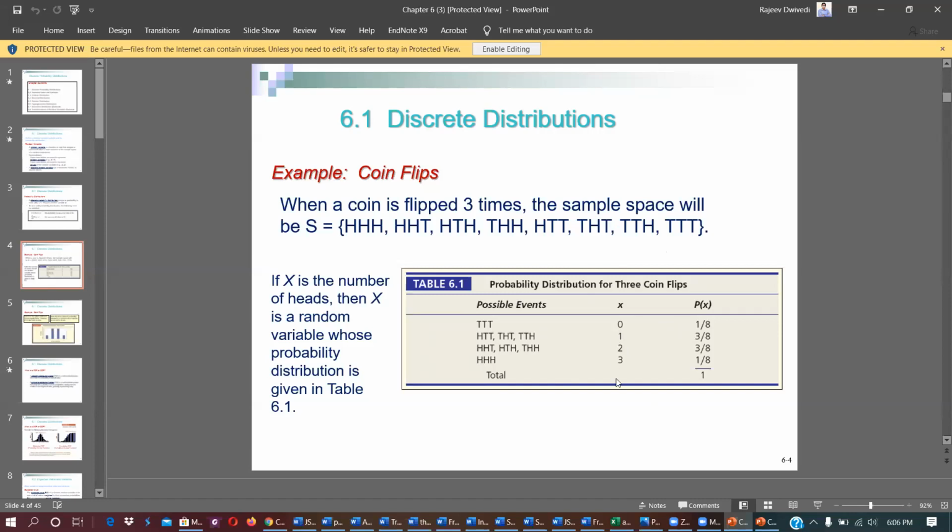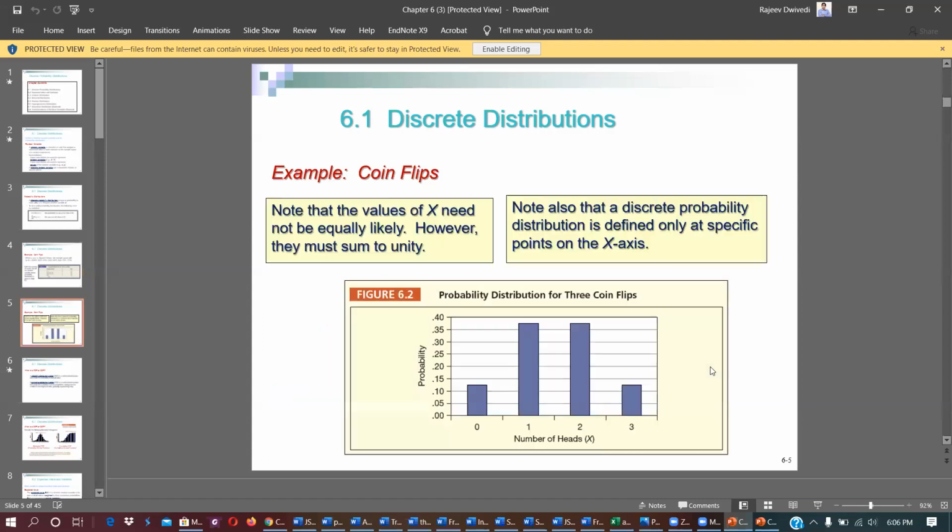So there are 8 events, and these are the possible events and their probabilities. Event 0, event 1, event 2, event 3, and these are the corresponding probabilities.